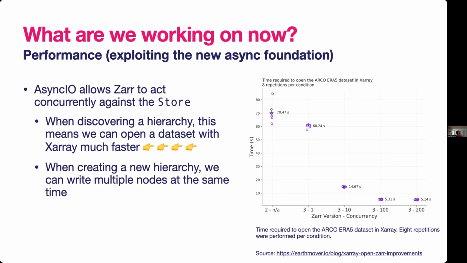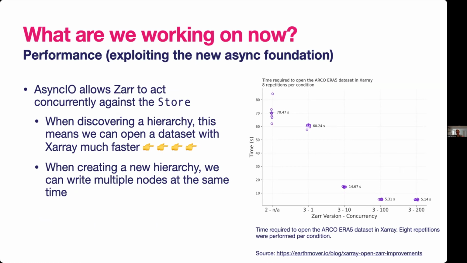One thing that we've spent a bit of time doing, and there's certainly more to be done, is exploit this new async foundation to get more performance out of the library. On the right, I'm showing a chart that we worked on with Davis to improve the time it takes to essentially open an Xarray dataset that has many arrays in it.